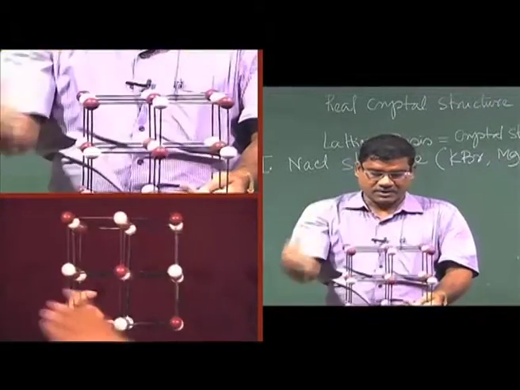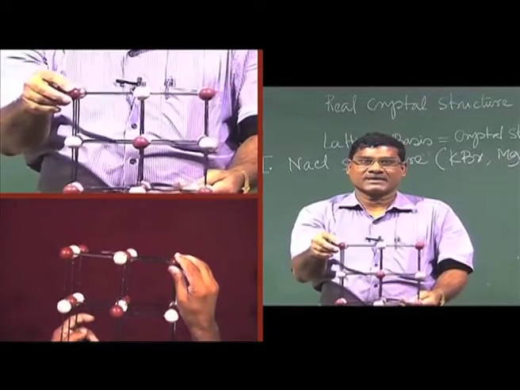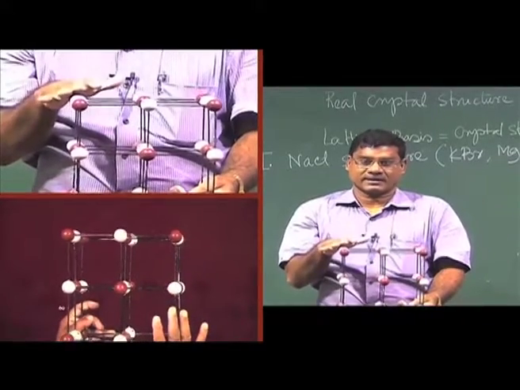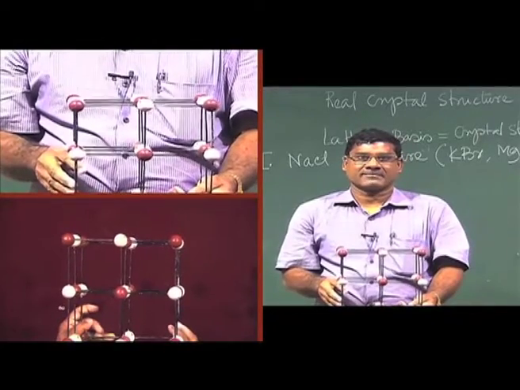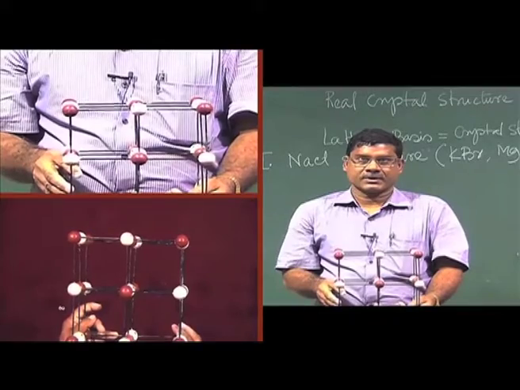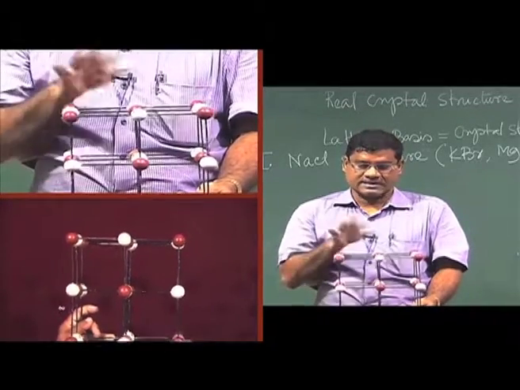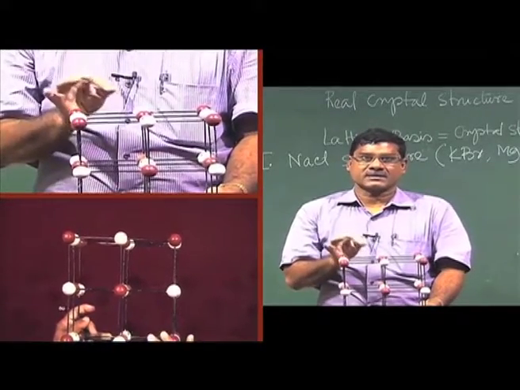a lattice point will be there. So, whatever brown color we are seeing, if you just look at the brown color, you can see there is an FCC lattice. Now, the basis is sodium chloride, so we have to put in this lattice sodium as well as chlorine.